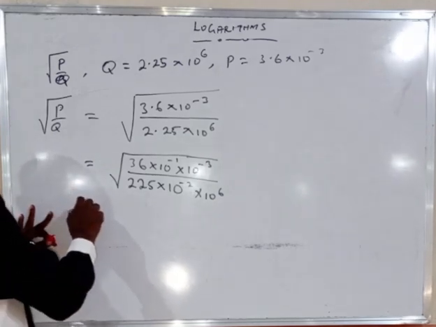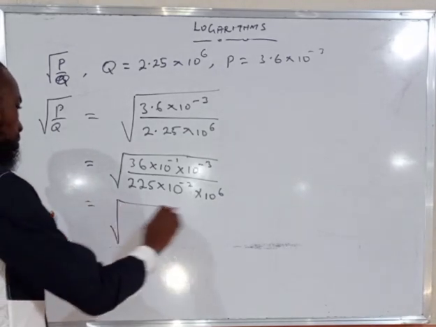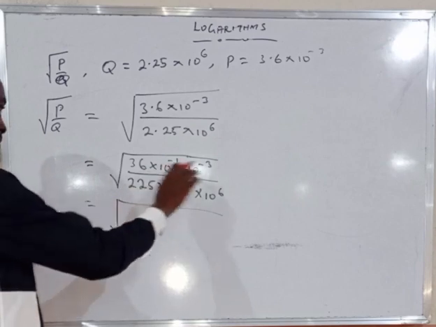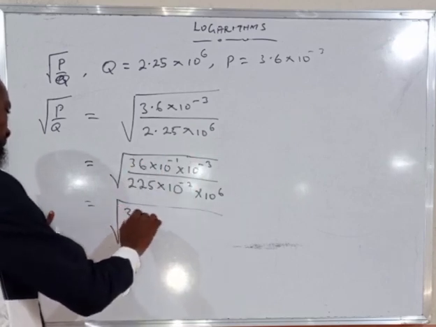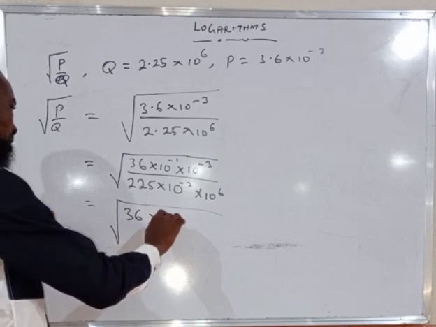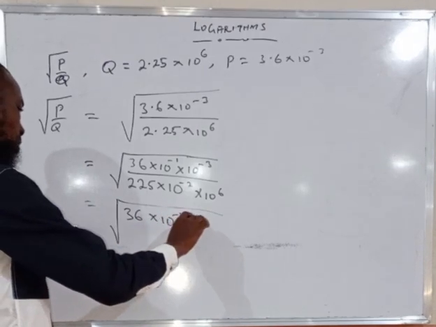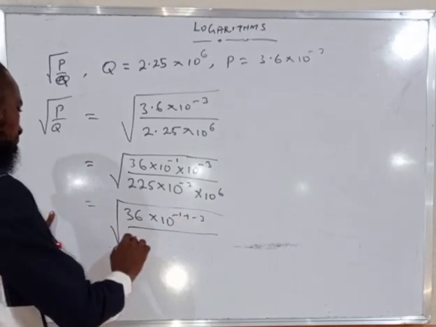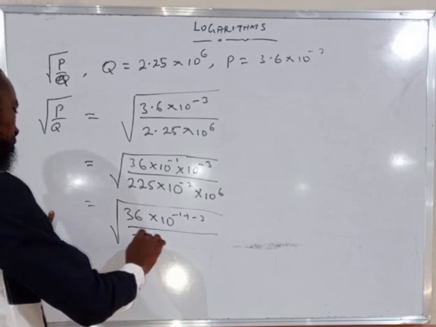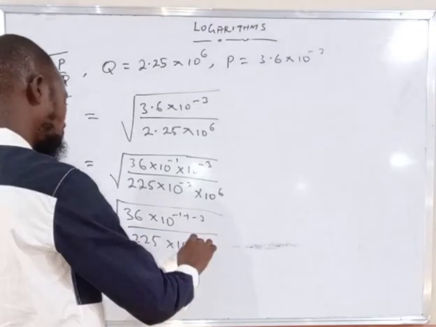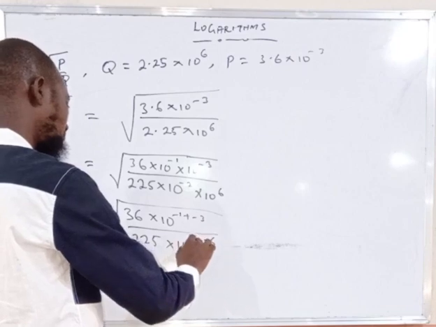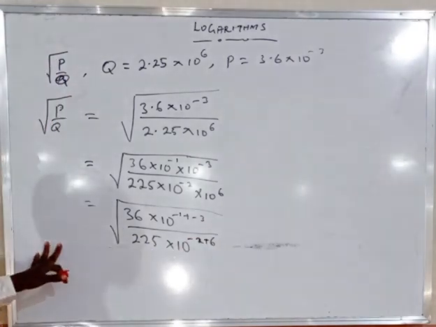So we can say this is equal to square root of, okay, let me adjust numerator and denominator first. Can I say 36 times 10 raised to the power minus 1 plus minus 3 over 225 times 10 raised to the power minus 2 plus 6.